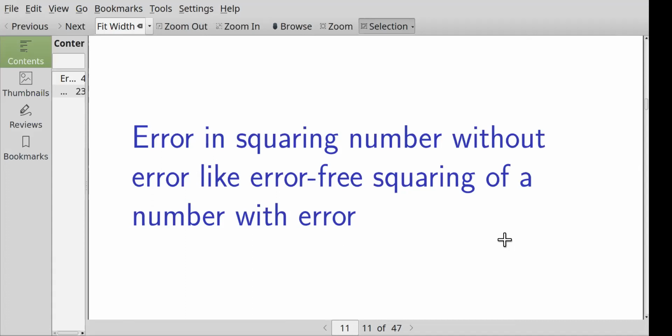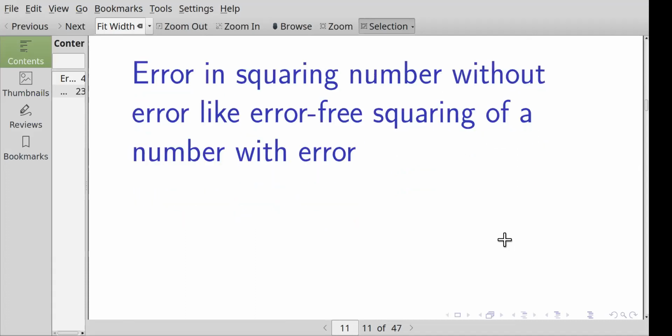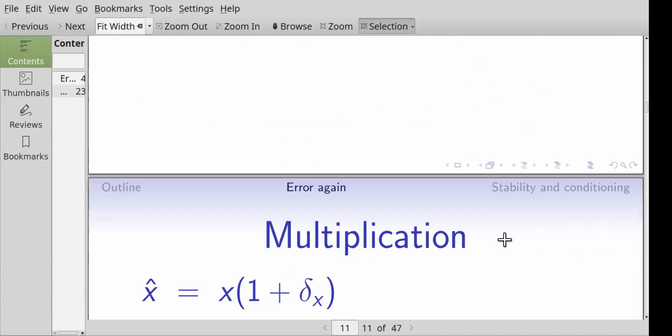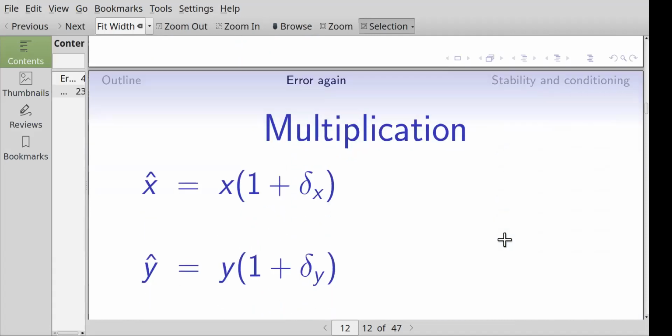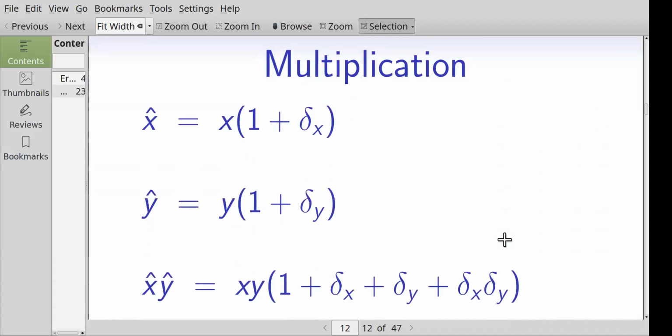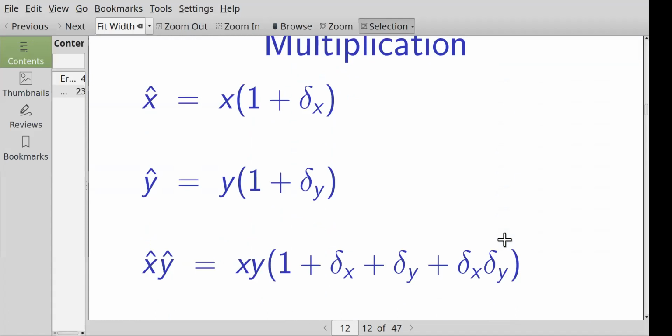Okay. So we'll probably explore these ideas a bit more by giving you some questions or problems to work on. Once again, let me remind you, we had this result previously. If I have some number x and then I represent it in the machine, I get an error. I have a number y, I put it into a machine, I get some other error.